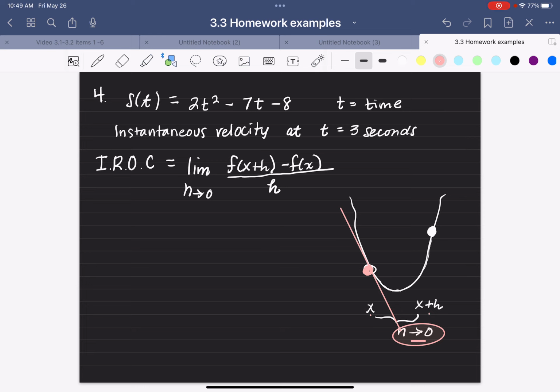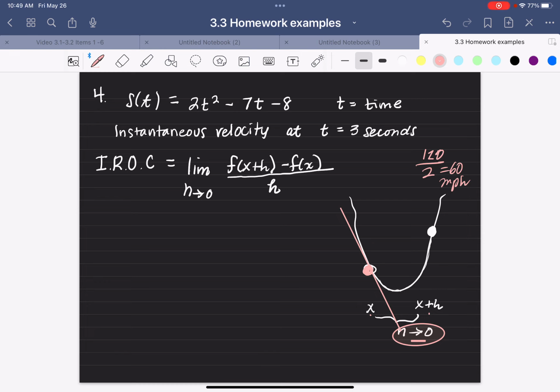Now, a real-life application of this might be if you're traveling to a city and it takes you 2 hours to get there and you went 120 miles. 120 divided by 2 would be an average of 60 miles per hour. But when you travel, sometimes you go faster than 60 and sometimes you go less than 60.